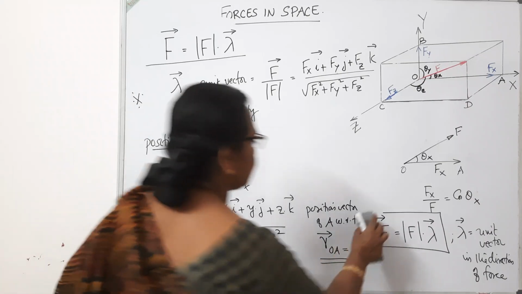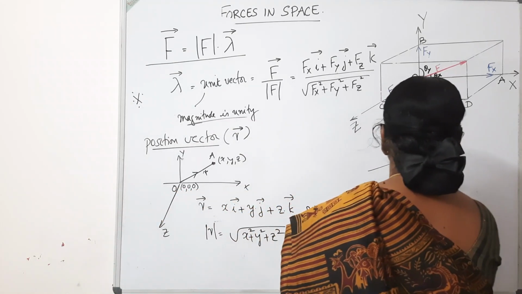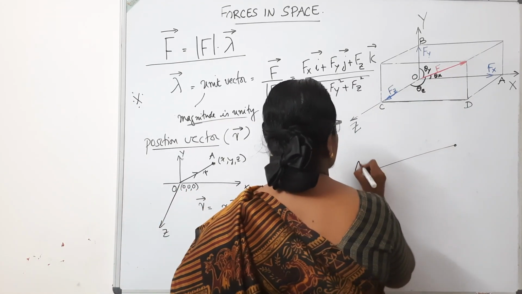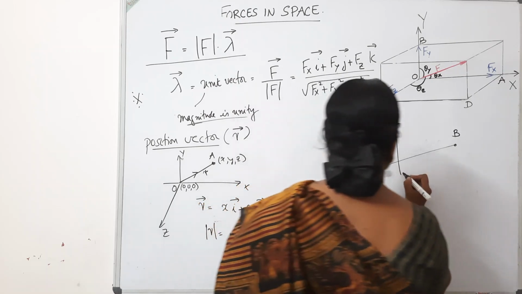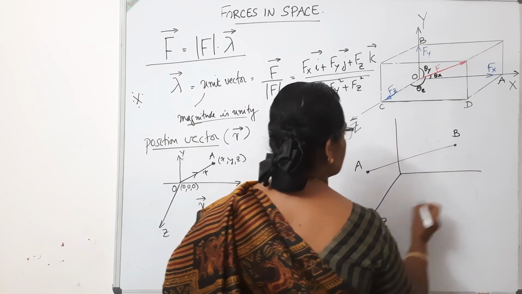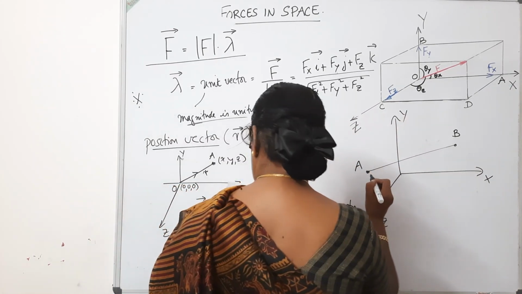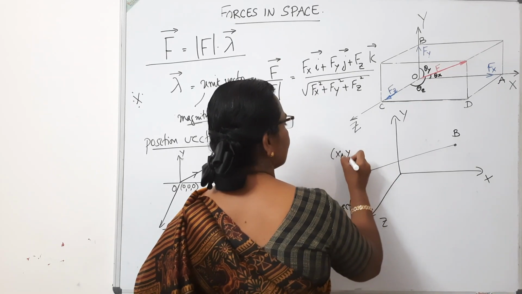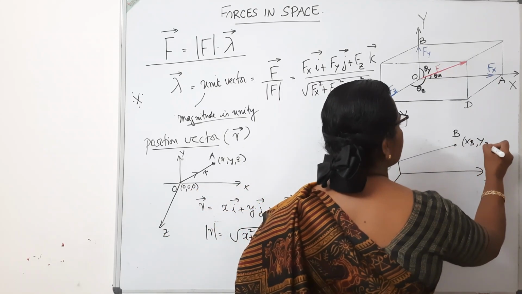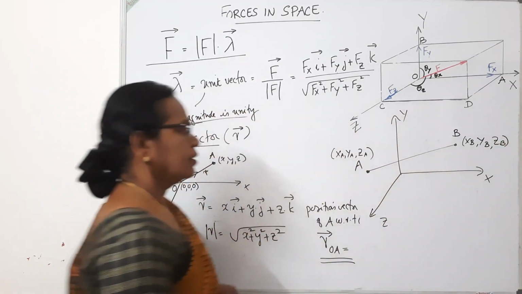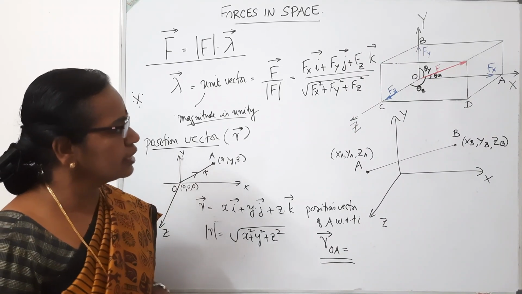Suppose there are 2 points A and B in space with reference to the x, y, z axes. The coordinates of A are xa, ya, za, and the coordinates of B are xb, yb, zb.